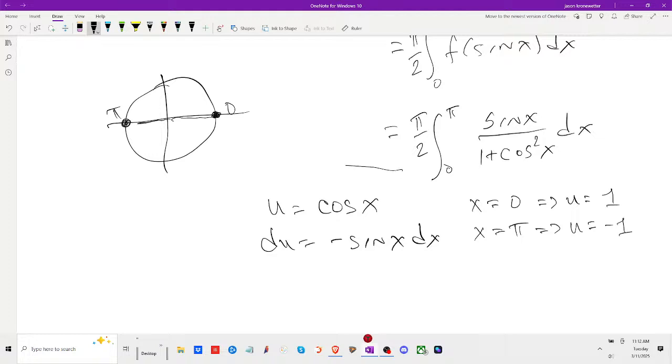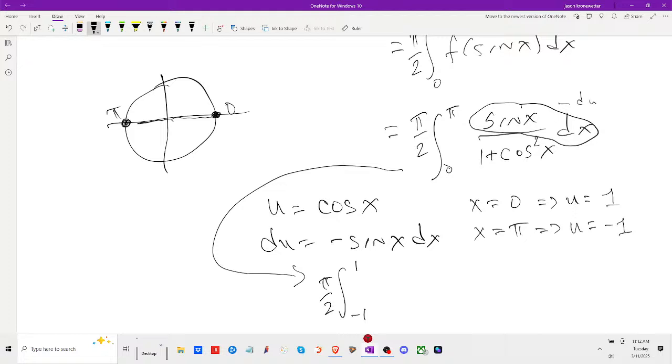Let's put this integral into u form. I have pi over 2. The bounds are now from -1 to 1. And this portion right here is negative du. If I look down here, negative du is sine x dx. And then 1 plus cosine squared x will be 1 over 1 plus u squared.